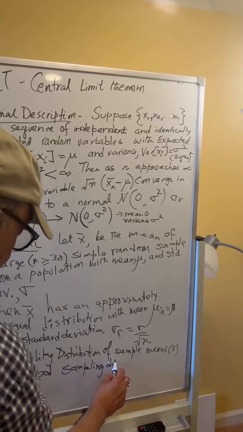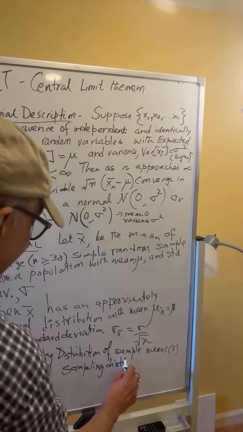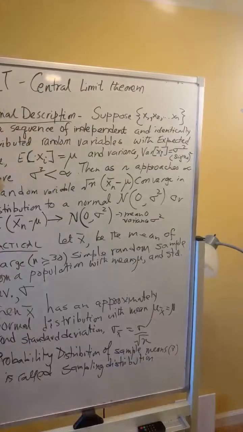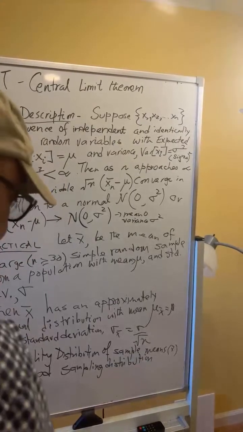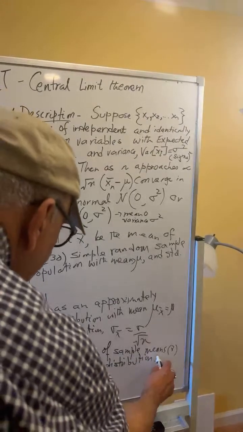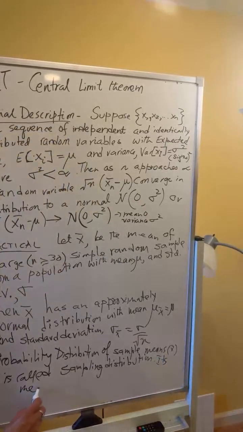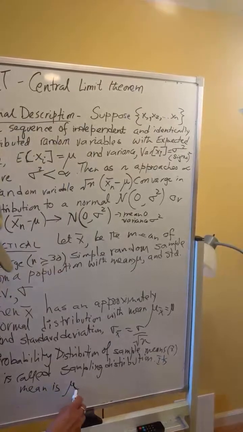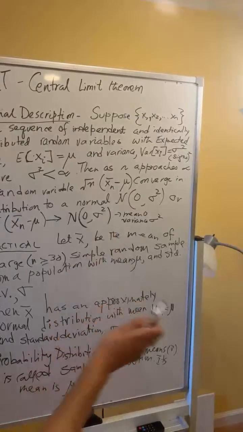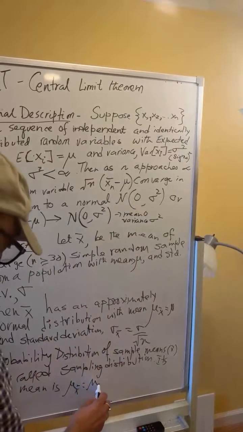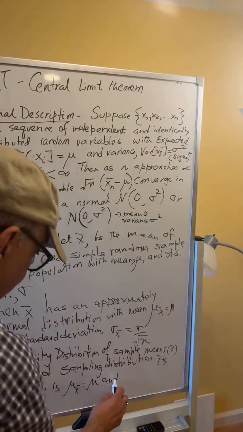So you'll frequently see the use of the word sampling distribution in textbooks and course material. Its mean, the mean of the sampling distribution, is mu x bar, where the center, where the peak is the highest. It's a bell-shaped distribution. Its center is equal to the mean of the population.